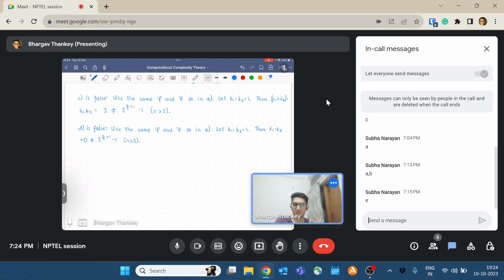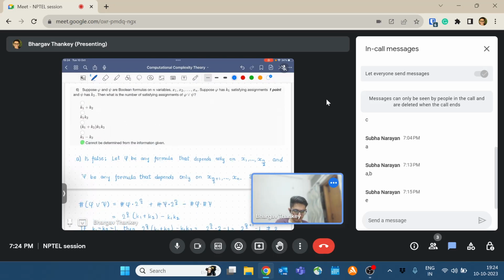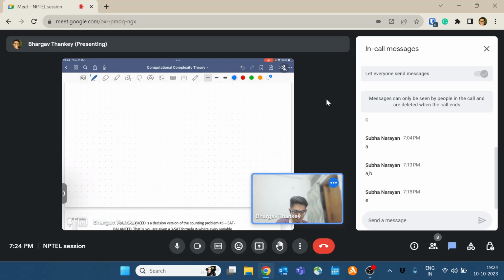Yeah, so D is also false. So all four are false, only E is correct. So now let's get to the next problem.